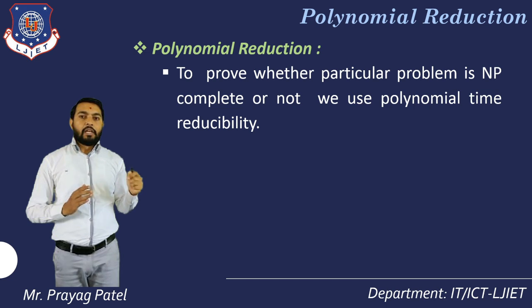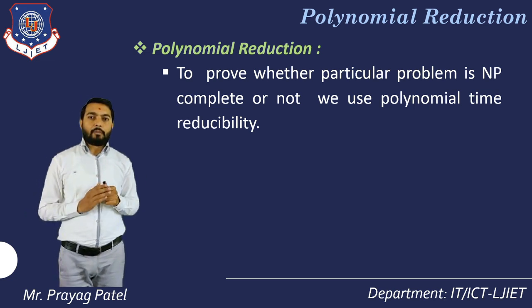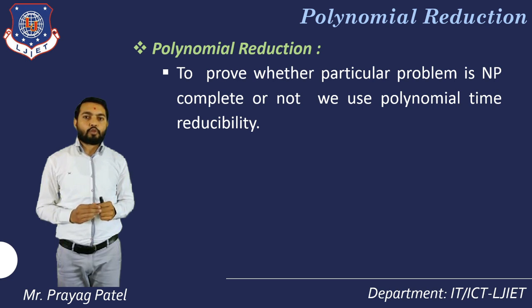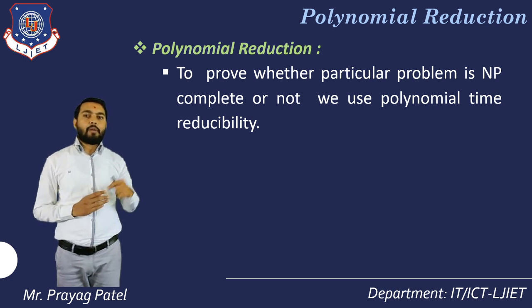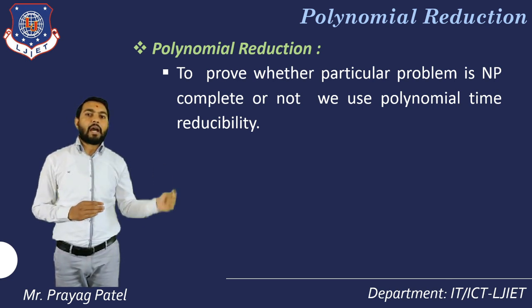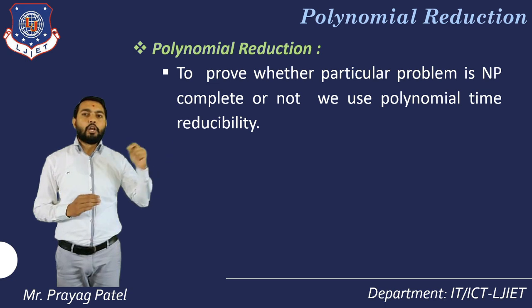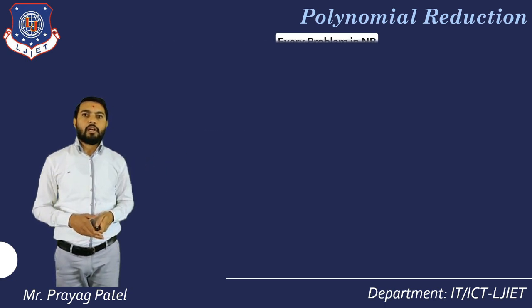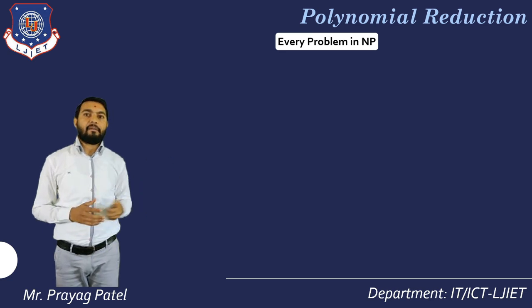For example, if the given problem is the traveling salesman problem, then to check whether the traveling salesman problem is NP complete or NP hard, we use the polynomial reduction technique.